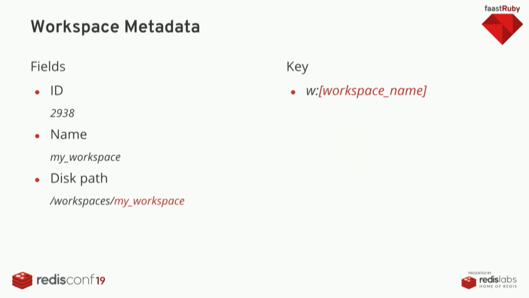And the way I did it was pretty simple. I just had a little ID that I generated, not randomly, but using counters, a name for the workspace, a path on the disk where the workspace would be, and the functions inside of that workspace. And then I created a simple key on Redis, namespaced with W and the workspace name.